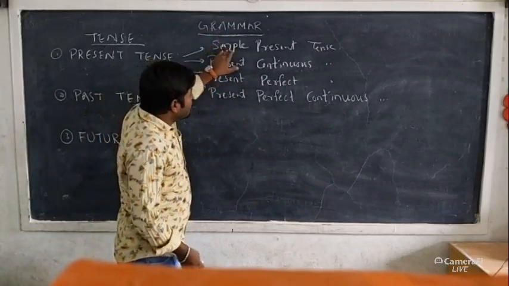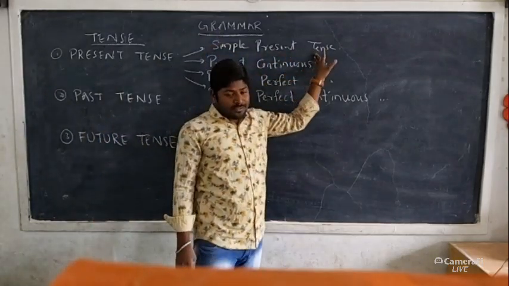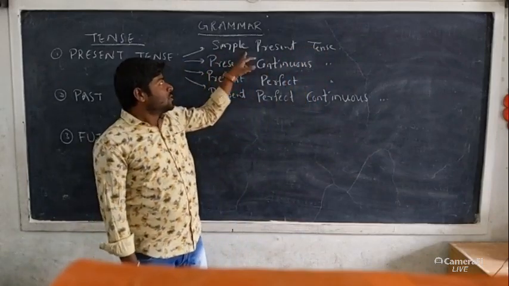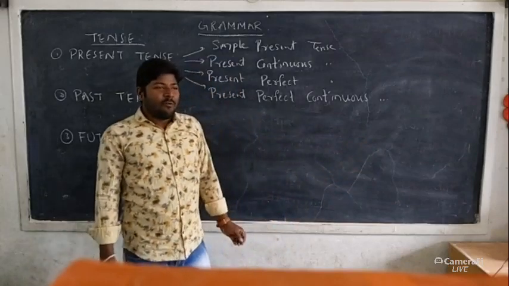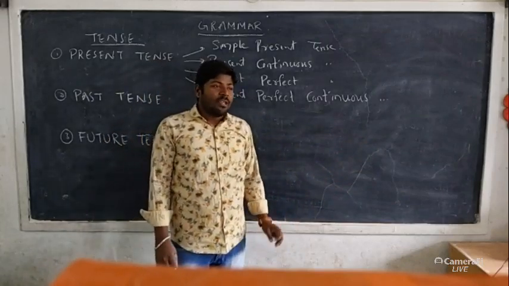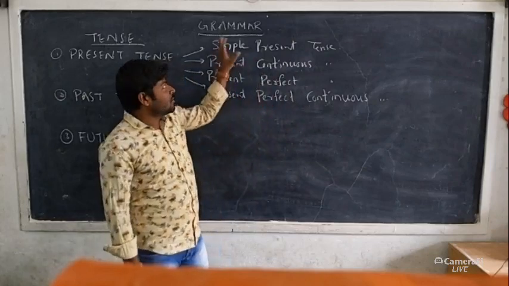Simple present tense is also called present simple. Each tense has a structure. The structure is subject plus verb, present form V1, plus object.